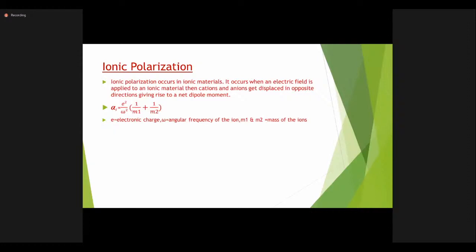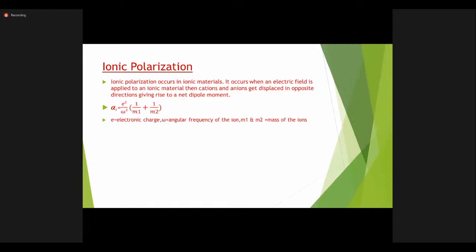Pi is a constant, epsilon naught is permittivity of free space. Next kind of polarization is ionic polarization, usually seen in ionic materials. For example, sodium chloride. It is an ionic crystal which consists of cations and anions. So if you apply electric field and separate the centers of cations and anions from each other, then that kind of polarization is called ionic polarization.